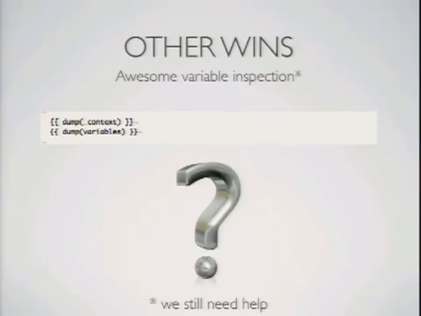And then we also want to do variable inspections so that you don't have to, I mean, you can do this already. You can just use dump, but we basically want to give you something like Krumo, but nicer, so that you can actually see what variables are available within the context of your template. What variables are available, but not the stuff you don't care about as a themer.